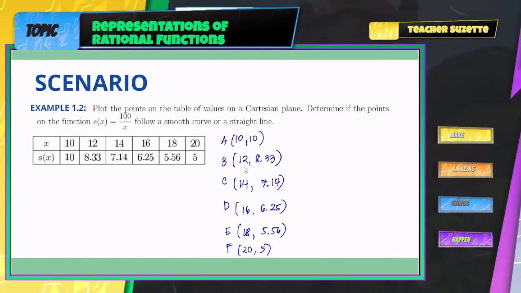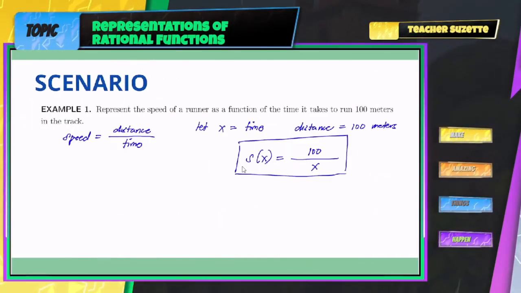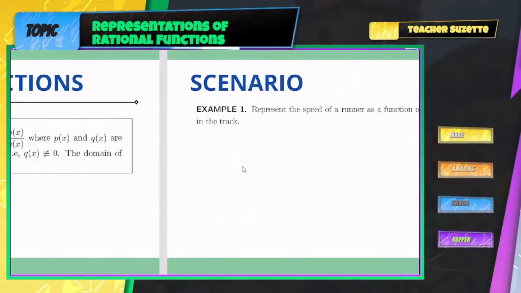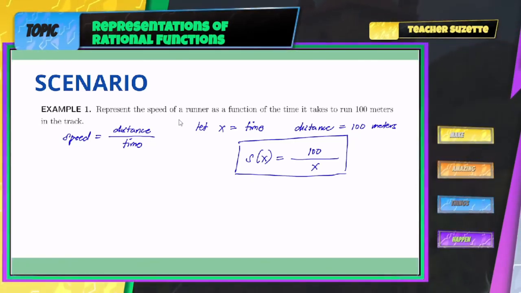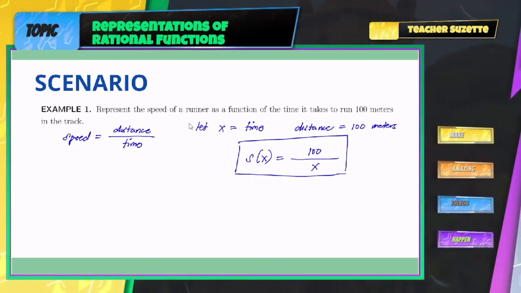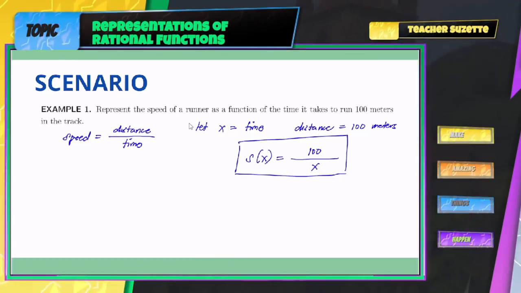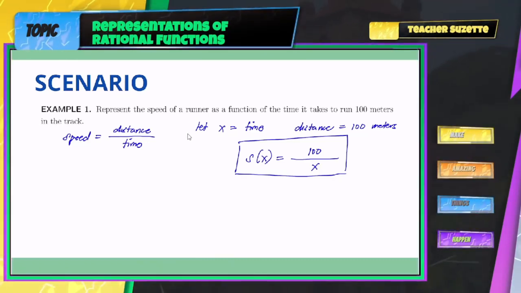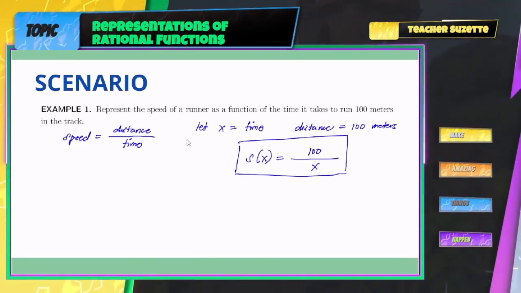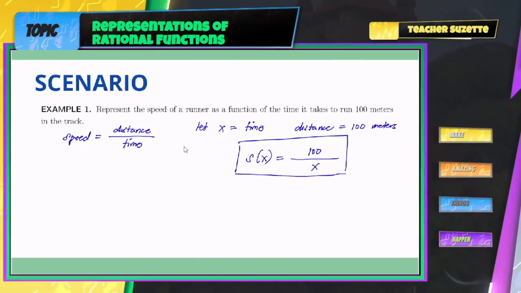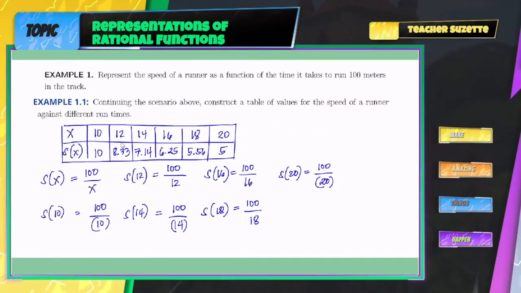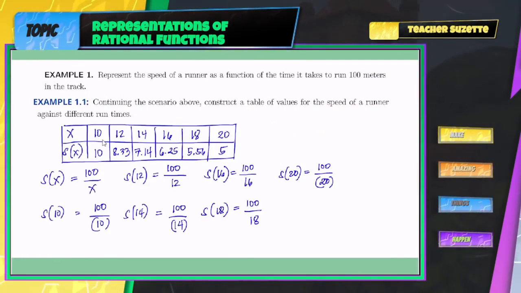However, this first scenario, yes, it is practical or real life. However, there are limitations because a runner cannot run in negative time, there is no negative time. And then, of course, no record has been set below 5 seconds.